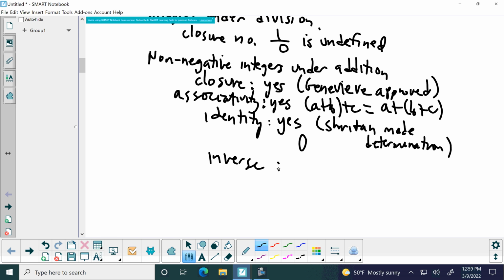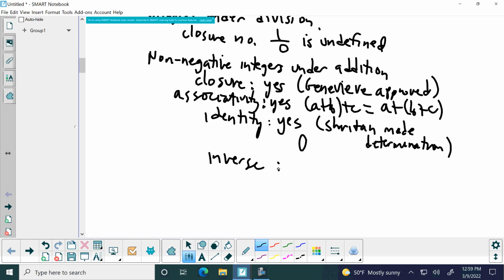What about inverse? Ty, if I give you an element 5, does it have an inverse? No, because the inverse of 5 would be negative 5, but negative 5 doesn't exist in this world.